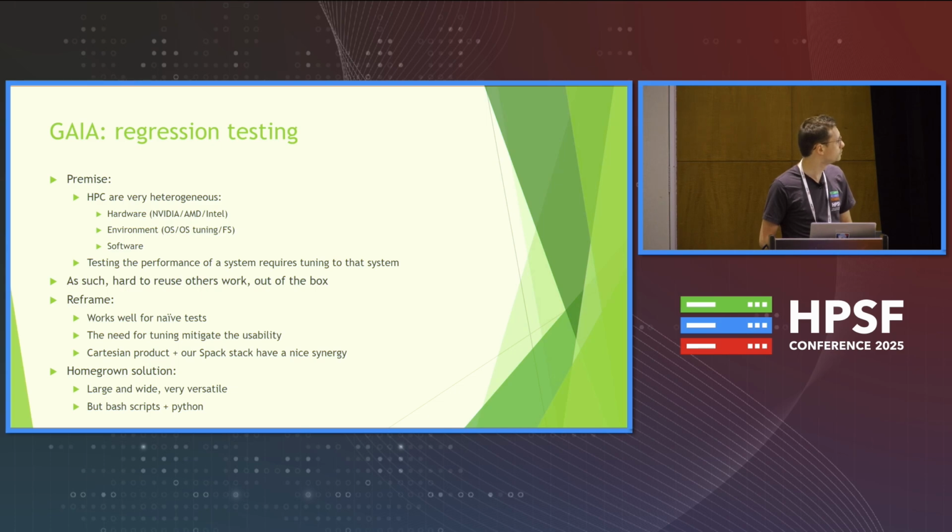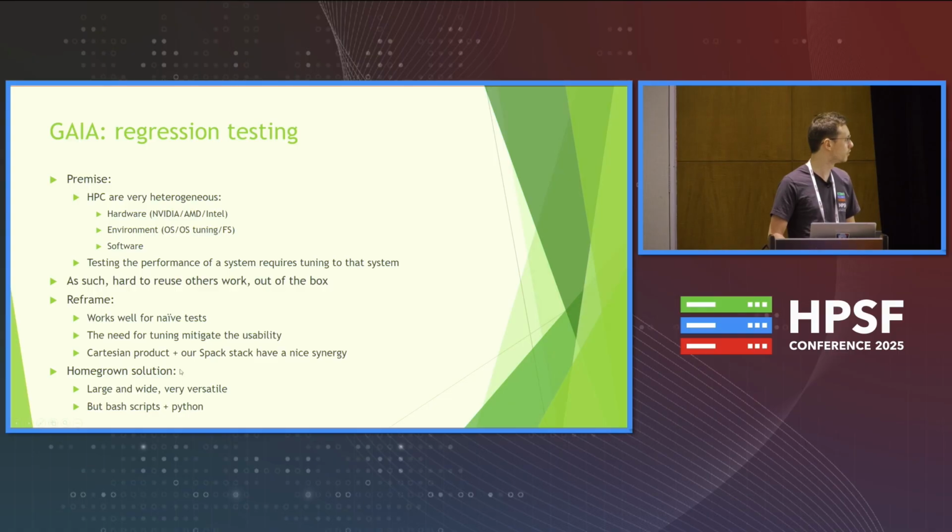And so we have two ways to do that. We use ReFrame for most of the naive tests, the ones that are generally not very well tuned for the system. This is just for testing that the binary does not crash, for instance. And it works very, very well. There is a nice synergy between Spack and ReFrame, notably for testing the Spack products.